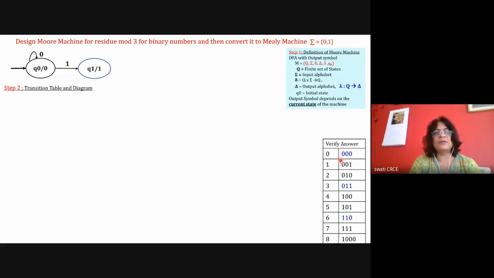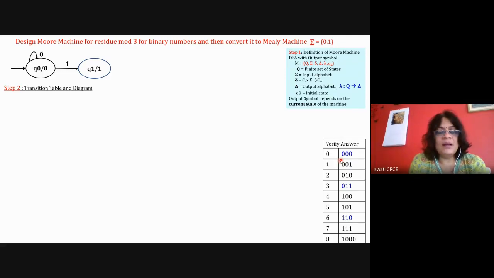Okay. So, just to repeat again: if the number is divisible by 3 and the remainder is 0, the output generated is 0. If the number is not divisible by 3 and the remainder is 1, the output generated will be 1. And if the remainder is 2, the output generated will be 2. So your delta will have 3 symbols 0, 1 and 2.